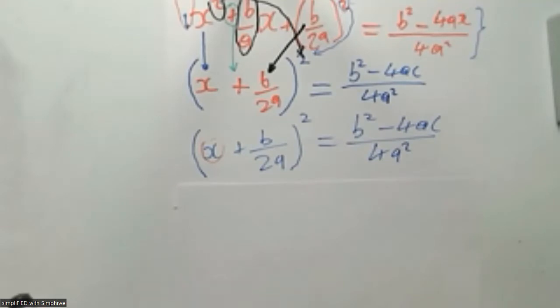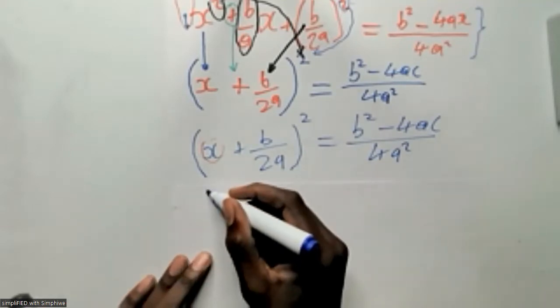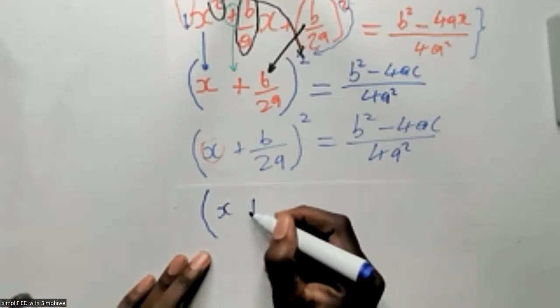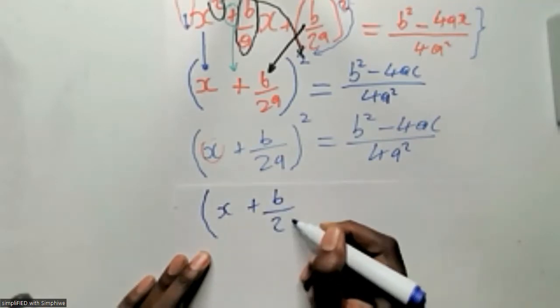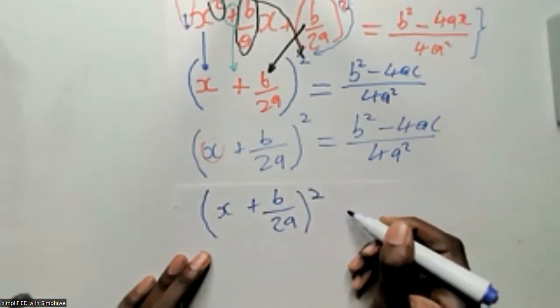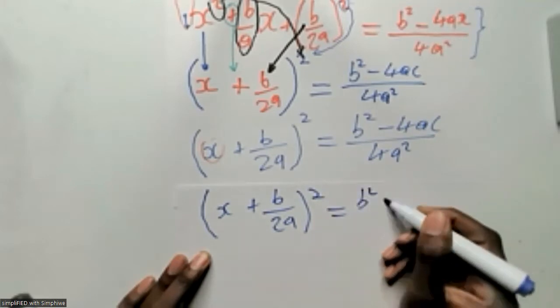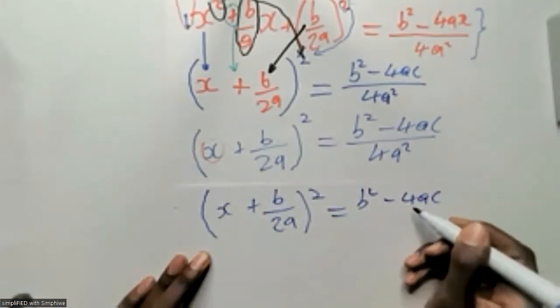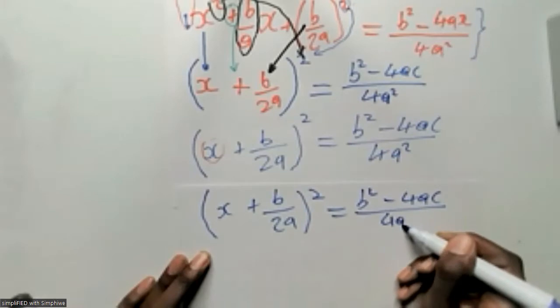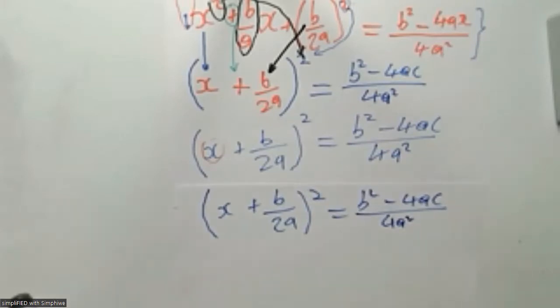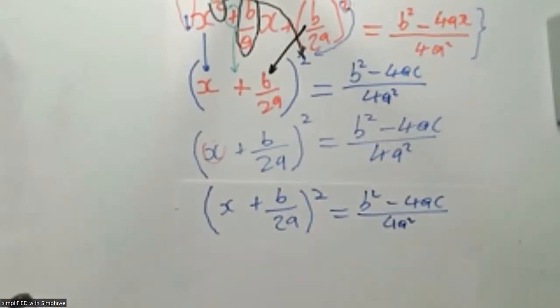We're going to say, okay, we have x plus b over 2a, squared, is equal to b squared minus 4ac over 4a squared.